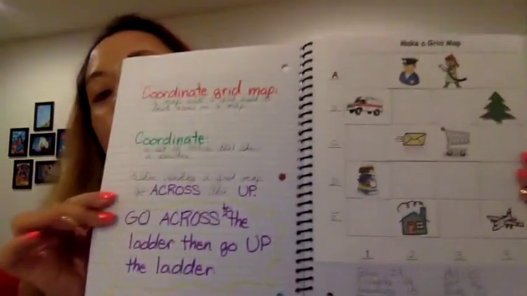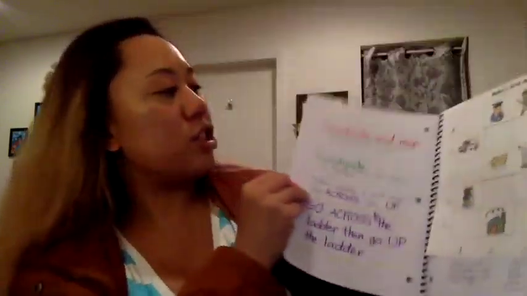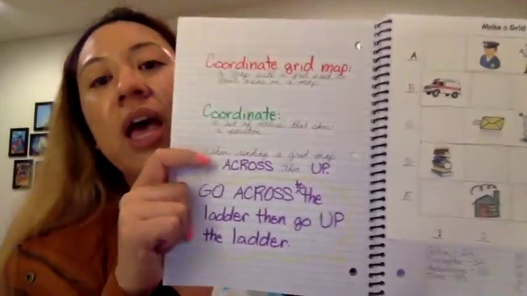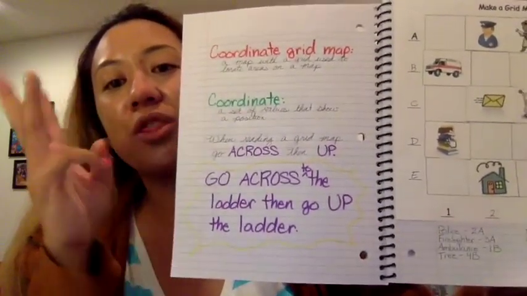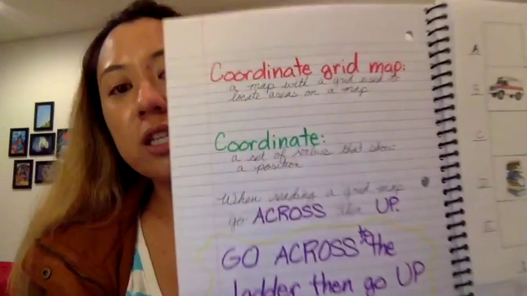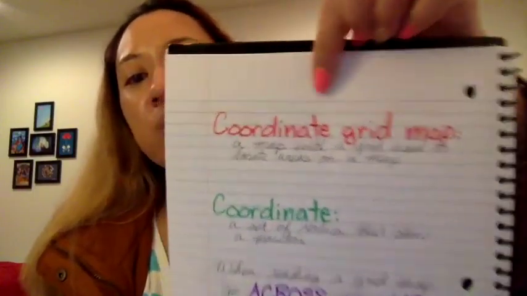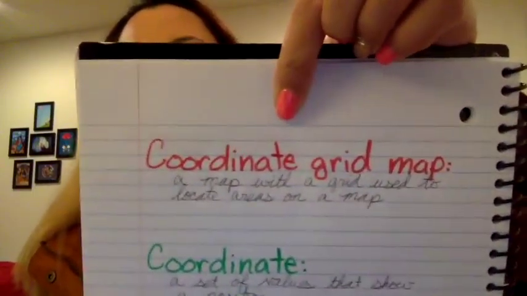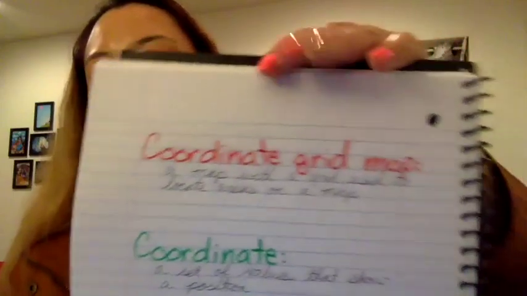So you're going to open it up, and on this side, which should be the left side of your notebook, I want you guys to write 3 things. So I have them in 3 different colors. The first thing I want you to do is I want you guys to write coordinate grid map. That's what we have been learning about, coordinate grid map. And what can somebody read that for me?